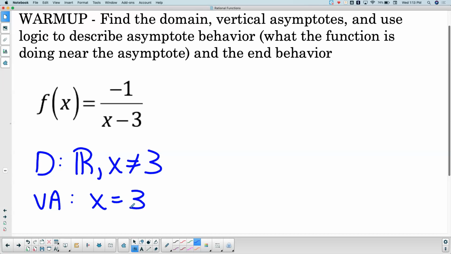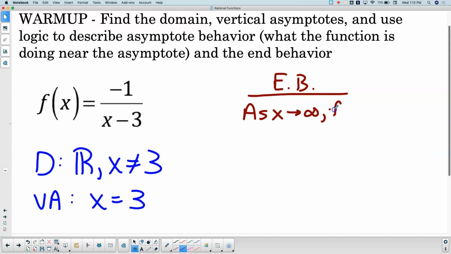Okay, do you want to do end or asymptote behavior first? End first? Okay, so my end behavior: as x approaches infinity, what does my function do? And as x approaches negative infinity, what does my function do?